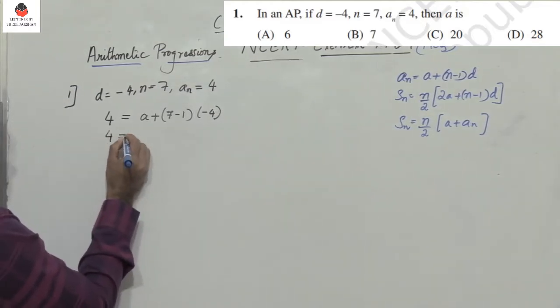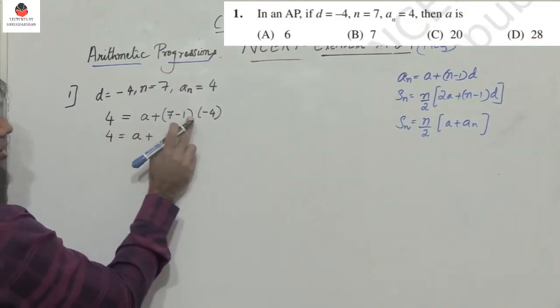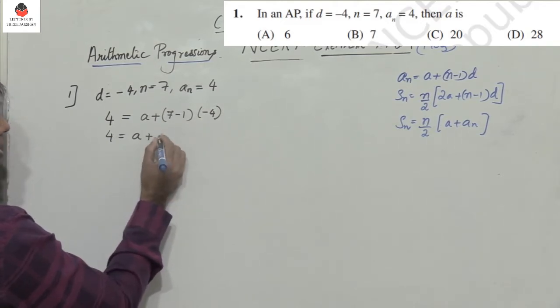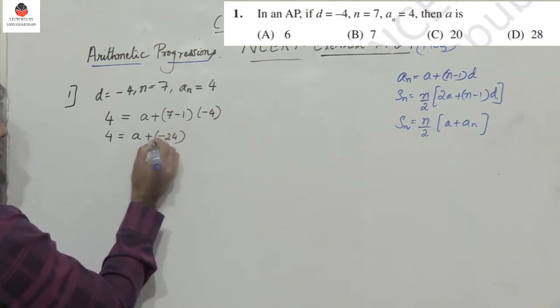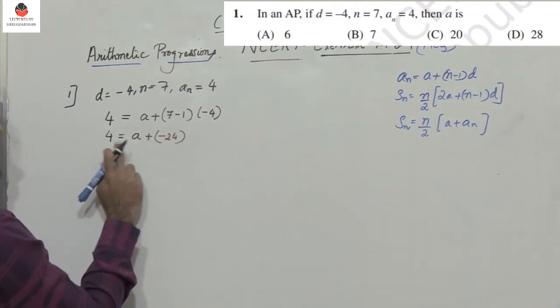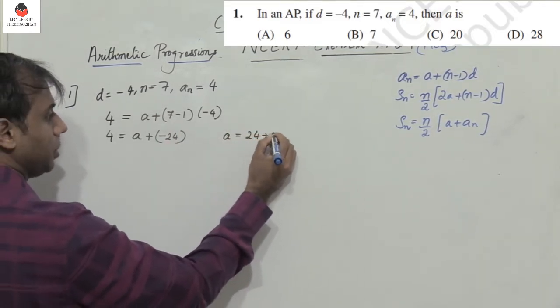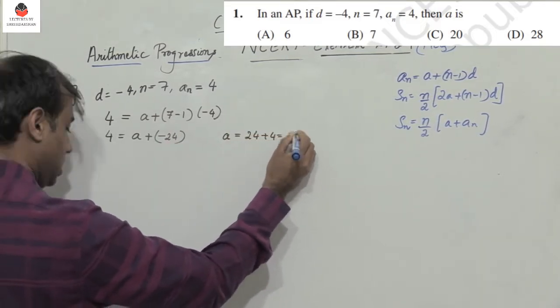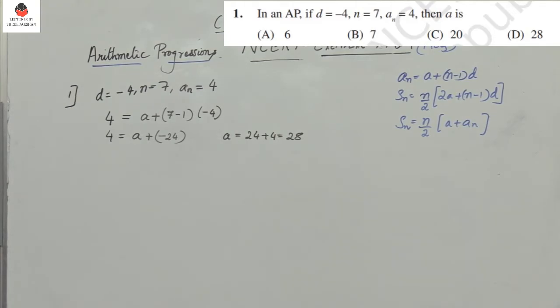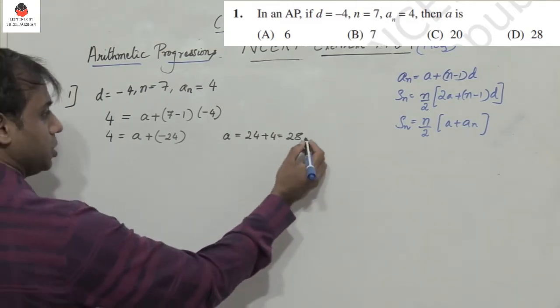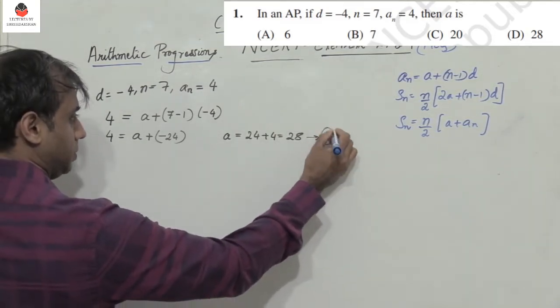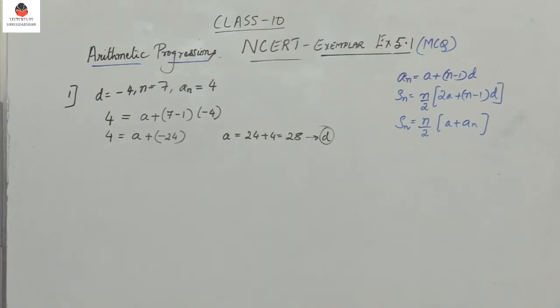So you get 4 equals a plus 6 into minus 4, which is minus 24. So minus 24, you take it to the other side. So you get a equals 24 plus 4, which gives me 28. So observe all the 4 options. The right option is D, which is 28.